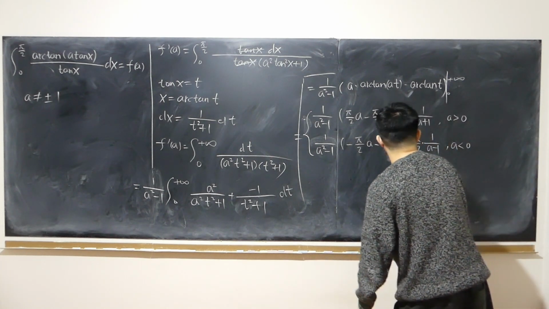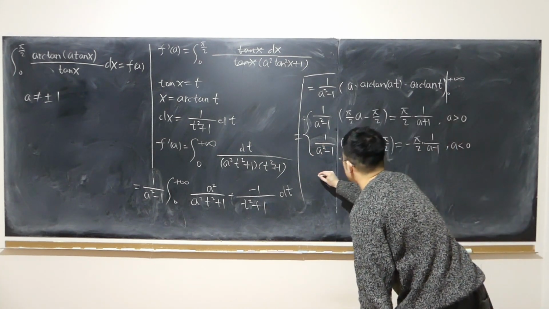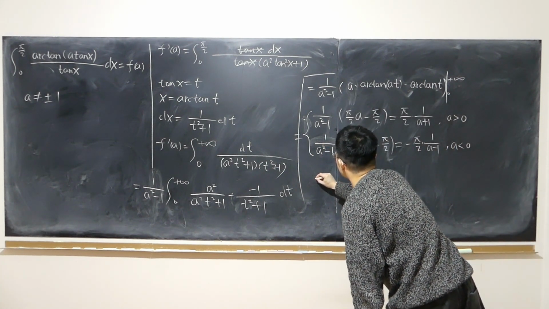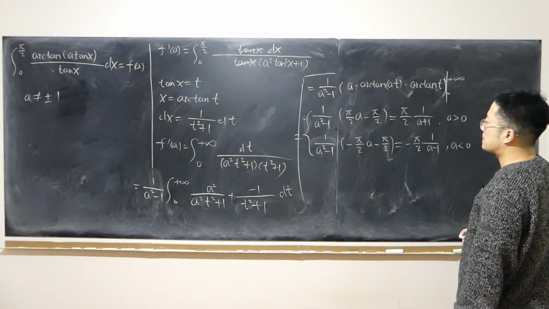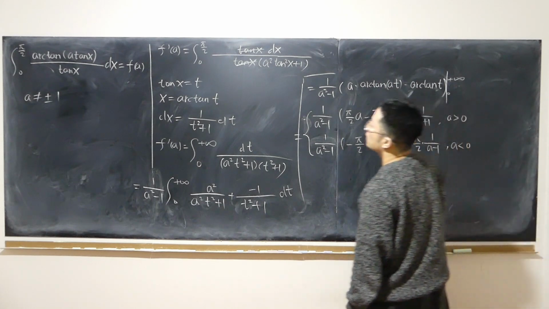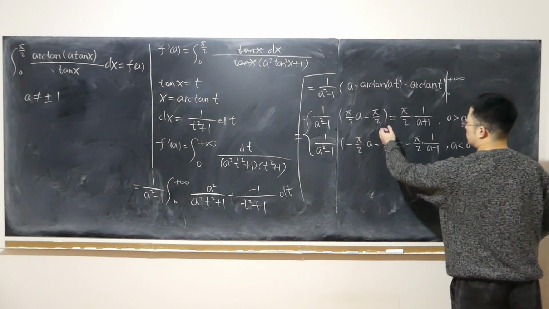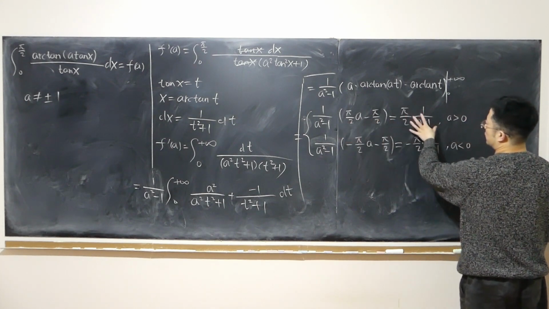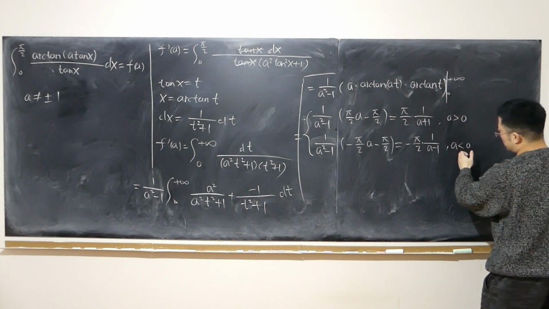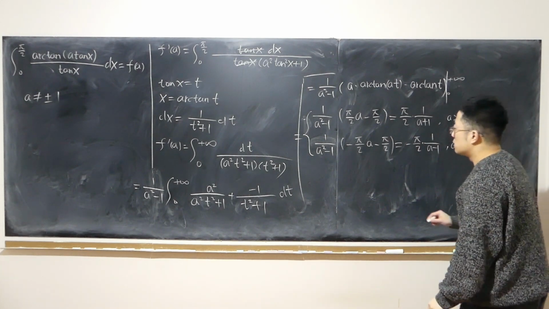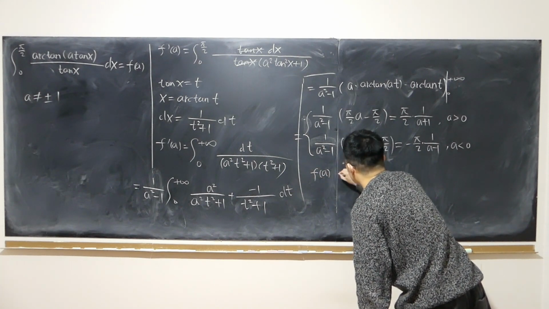So generally speaking, if I use theta as the variable, f prime of theta is equal to half pi times 1 over theta plus 1 when theta is positive, just replacing a with theta. Theta positive, theta negative, it doesn't matter. So in the end, I still have f of a minus f of 0.